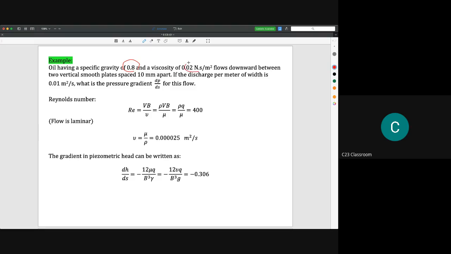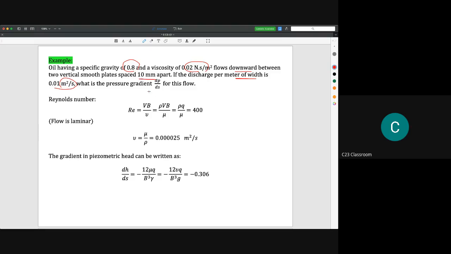The viscosity is this one, and it flows downward between two vertical smooth surfaces spaced 10 millimeters apart. The discharge per meter of width is 0.01 meter squared per second. Discharge per meter of width means we divide the discharge by the width, or we just assume that the width is equal to 1 meter, and we need to calculate the pressure gradient here.